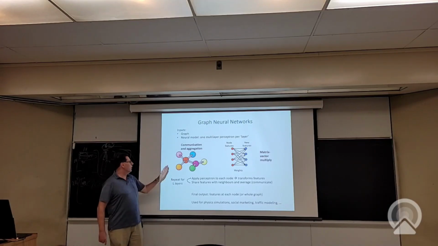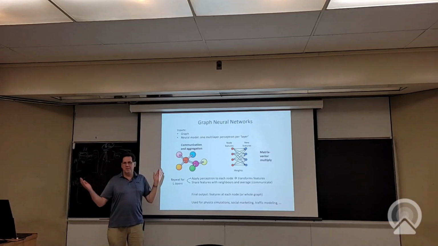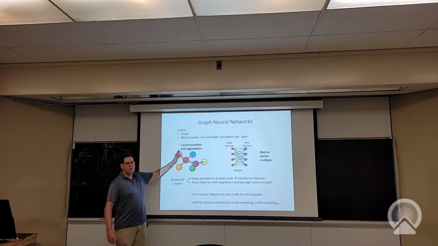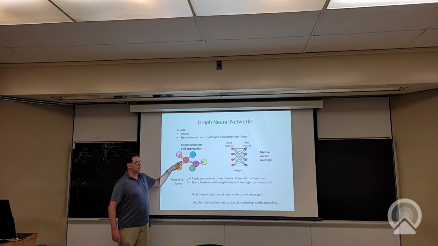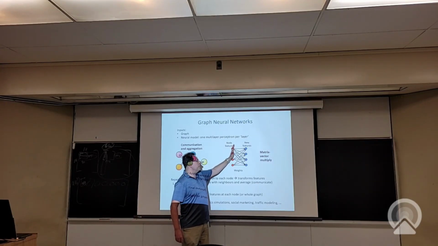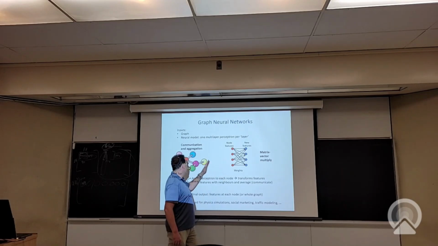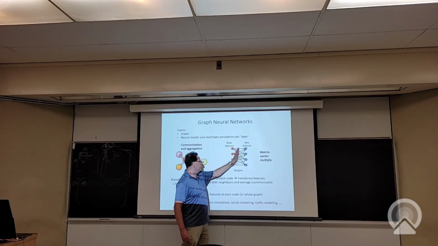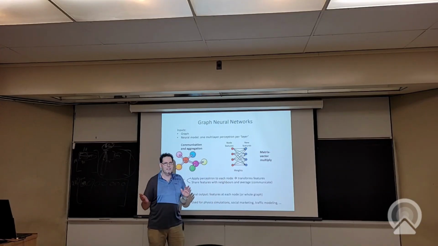So you've got some features that mean something. What is the weight of this atom? What is its atomic number? Something like that. And then these would indicate connections if this represented a molecule. So this multi-layer perceptron takes the features of your node, you apply it at every single node, and it transforms them to new features.